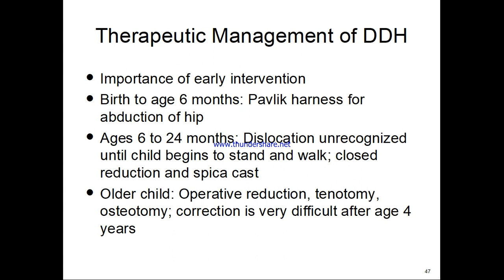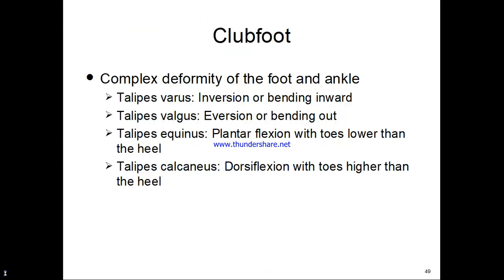In the toddler or infant age 6 months to 24 months, this may be the milder forms that aren't recognized until the child is trying to learn to stand and walk. And at this age, they're usually going to require some sort of casting. So a spica cast, because they're too big for that infant Pavlik harness.